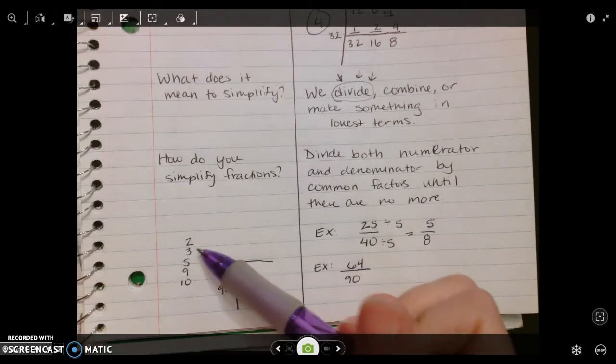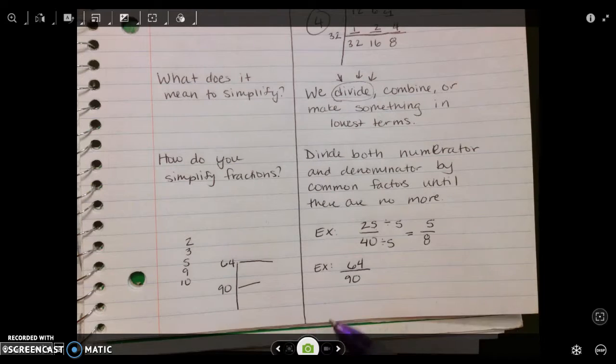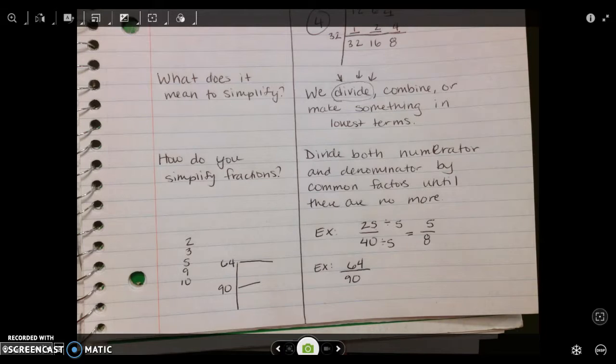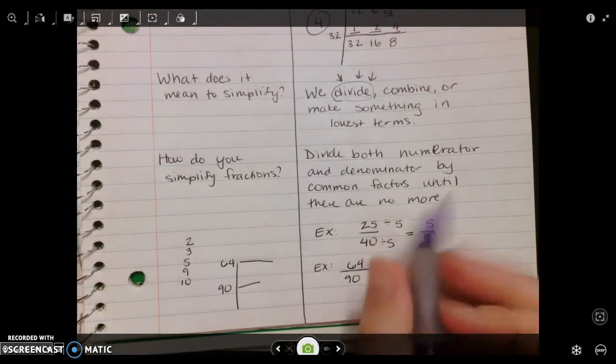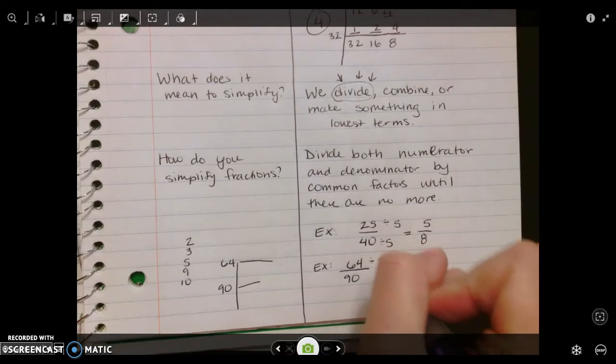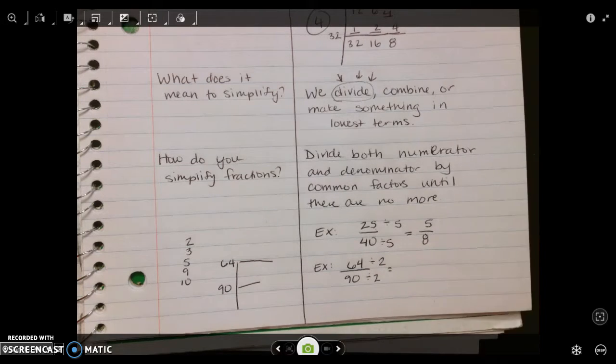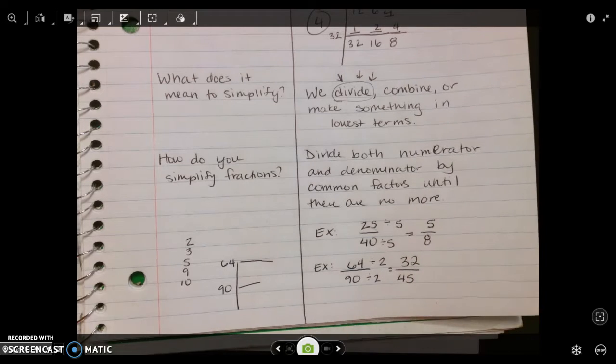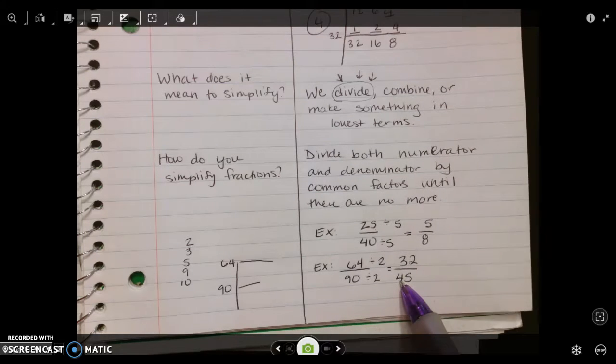This is why we use divisibility rules, right? Because now I can think about this. Can I divide these both by any of these numbers? Yeah, I can divide them both by 2, can't I? Because these are both even. So let's divide by 2. That gets you 32. This gets you 45. Are there any other common factors? Let's see. I think so.